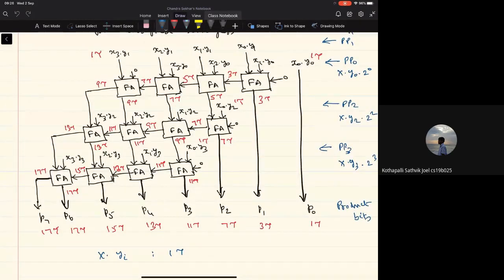If you look at the flow of the data here, the output of the first full adder in the first row is going into the first full adder in the second row. Let me use a different color.